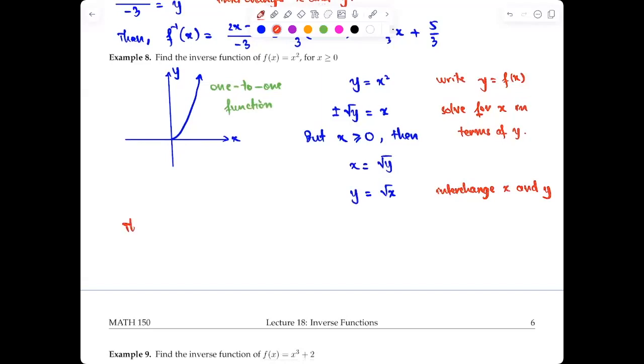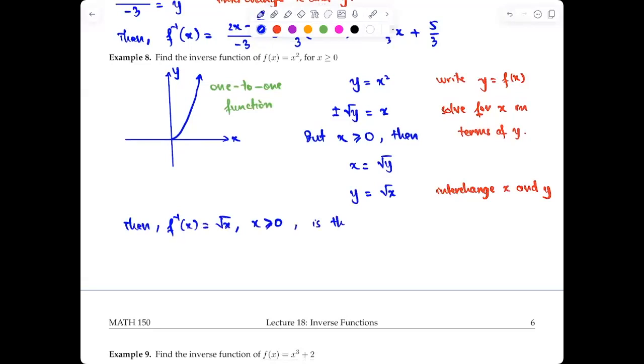So y equal to positive square root of x. Let me write this. f inverse of x is equal to square root of x for x greater than or equal to 0.